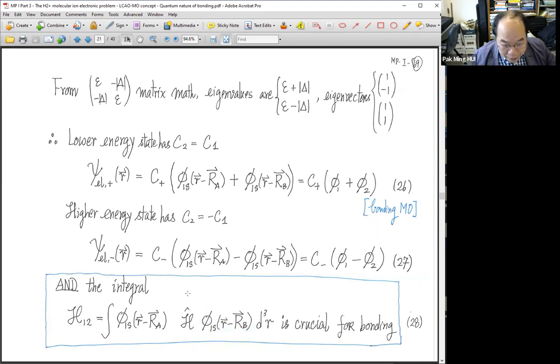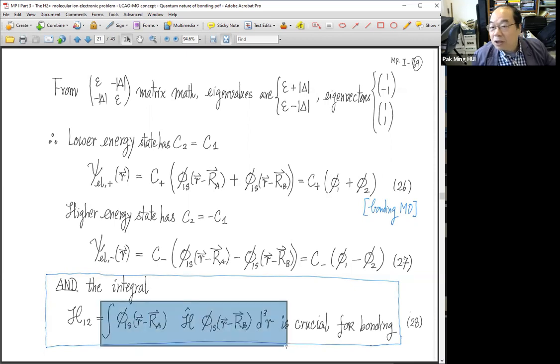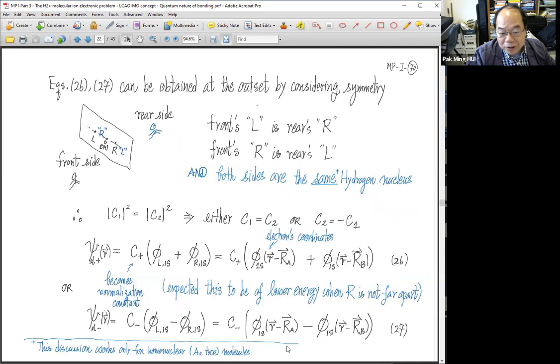In between, there's an H. Okay? So at this point, the take-home message is this is the integral responsible for lowering the energy. We will have more to say there.